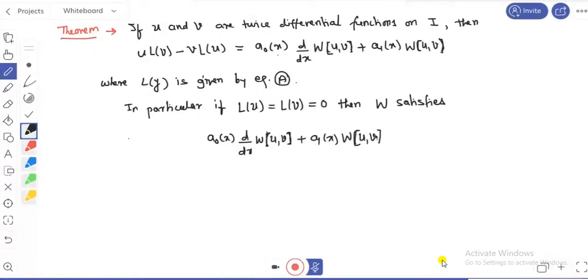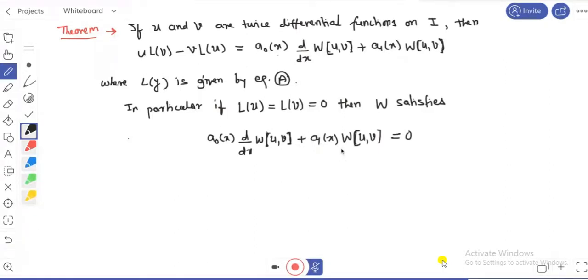This Wronskian equals to 0. If this term is 0, this term is 0, so overall the left hand side equals to 0. So this Wronskian satisfies this relation. Okay, and if we divide by this a naught term, this is a first order linear differential equation.